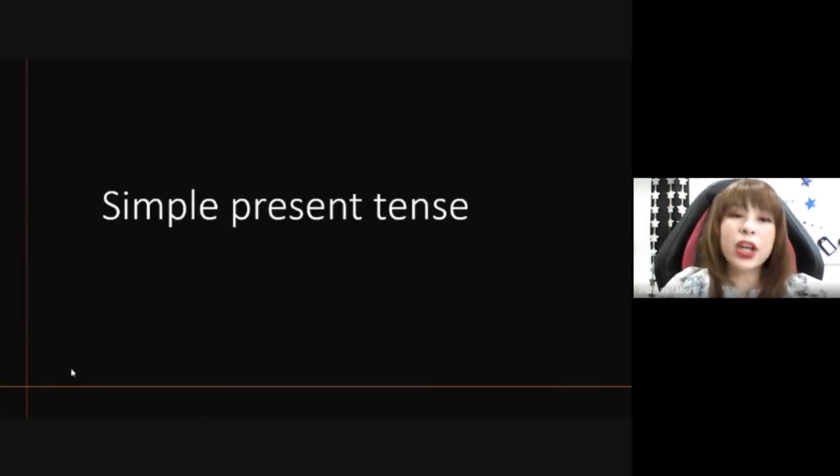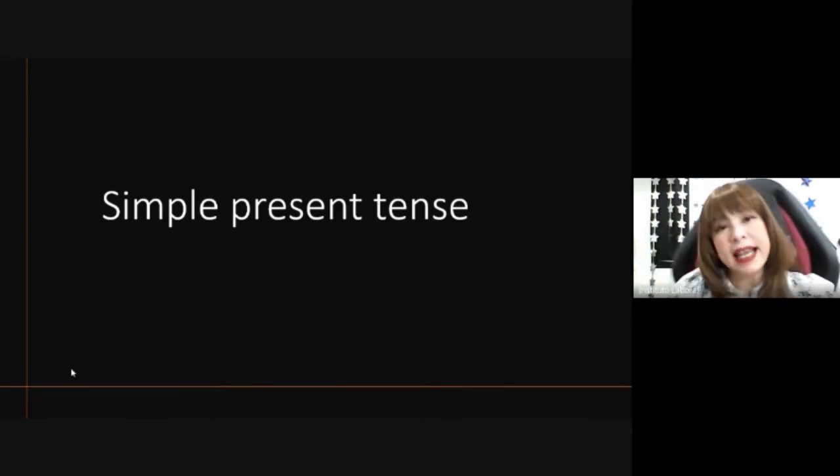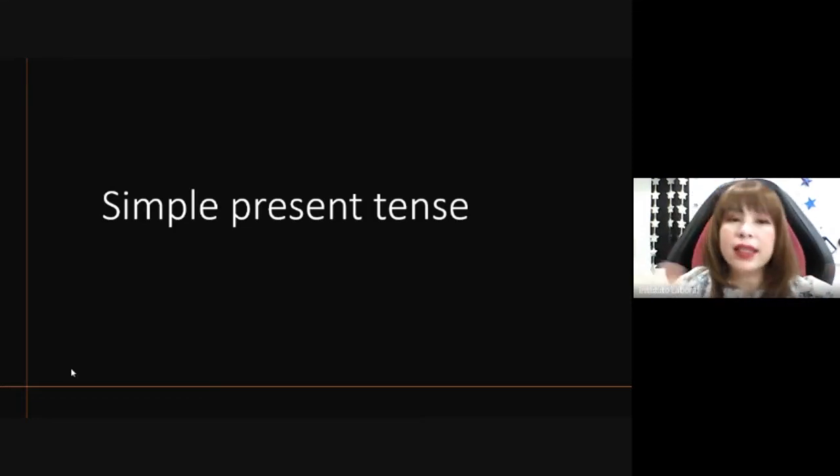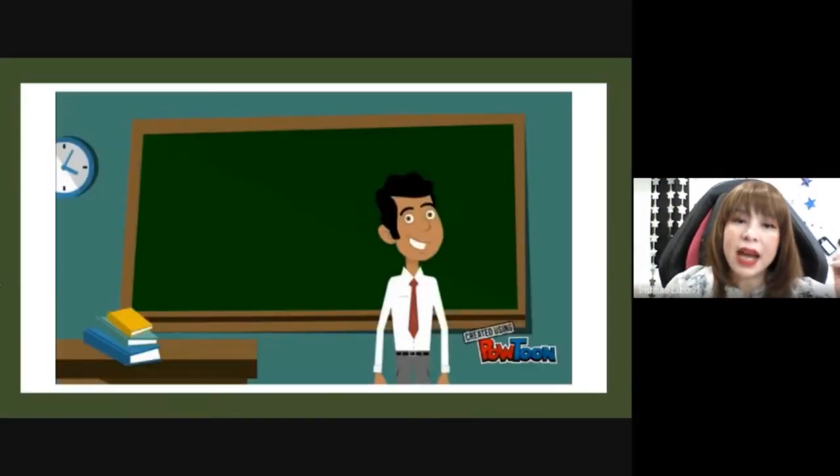Okay, now let's talk about the simple present tense. Now that we have clear what is an action and what is the subject, let's check this tense, simple present tense. Now look at this video.